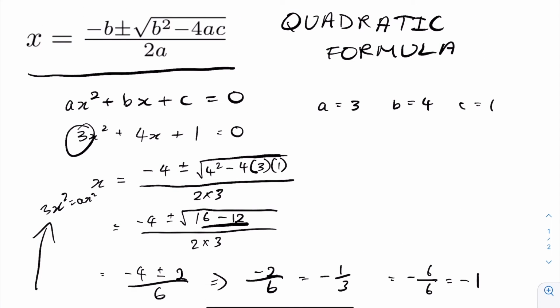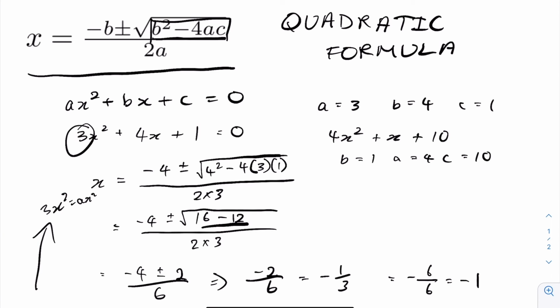And another thing to note is that if b squared minus 4ac over here is less than 0, that means that there are no solutions to the quadratic. So let's say that we have 4x squared plus x plus 10, and we wanted to factor it. Well, if we check b squared minus 4ac, b in this case is 1, a equals 4, and c equals 10.